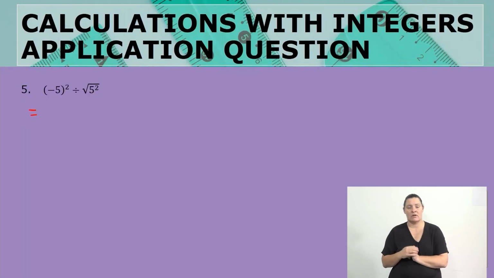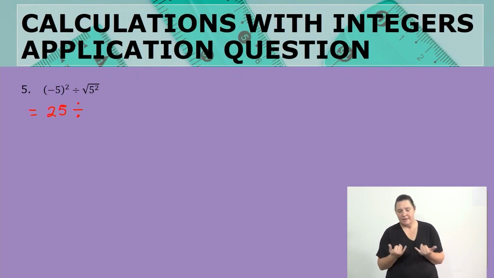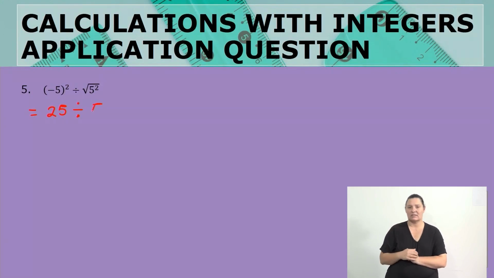So what is a negative 5 multiplied by a negative 5? Yes, it is a positive 25. And we are going to divide that by the square root of 5 squared. Do we know what the square root of 5 squared is? If you think about it, 5 squared is 25. Do you remember that? So what is the square root of 25? Yes, you are correct. It is 5.